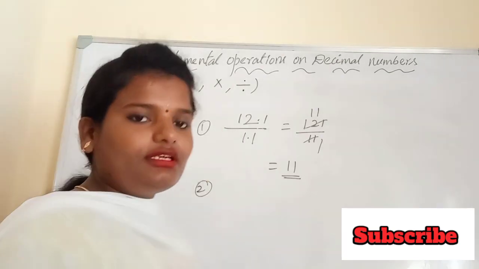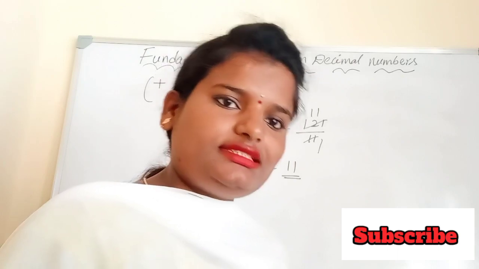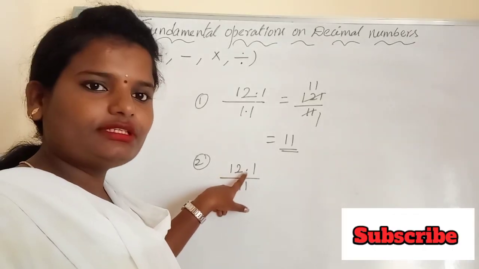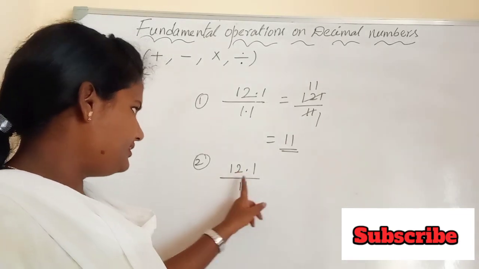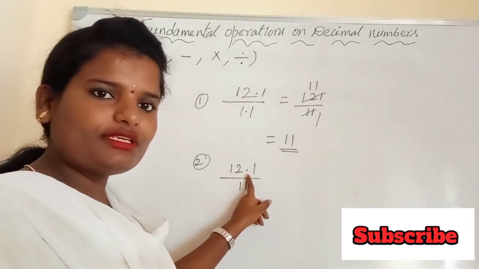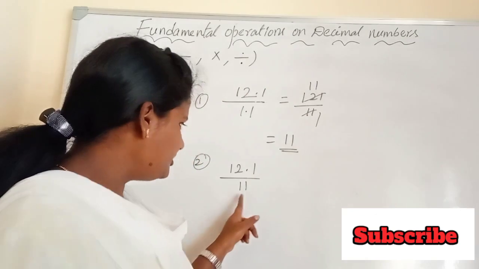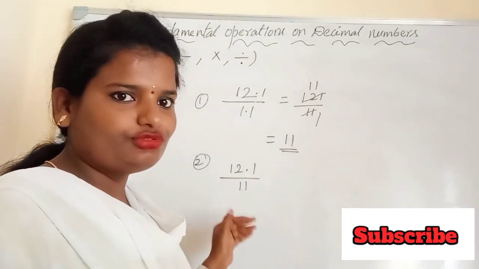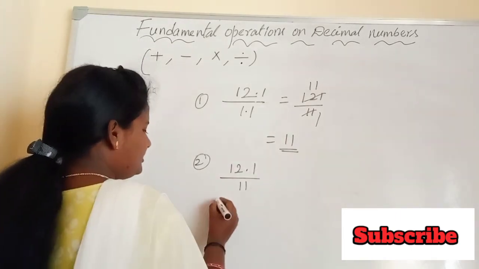Suppose the digits are not the same after the point, what should we do? In the numerator, whatever decimal number is given, after the point how many digits are there? Only one digit. In the denominator it's a normal integer only. In this case what should we do?